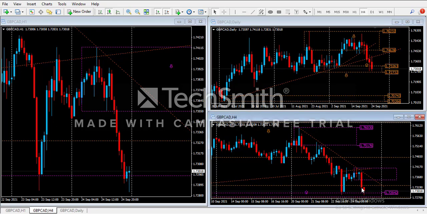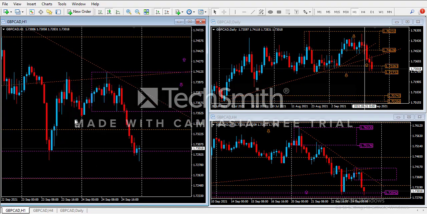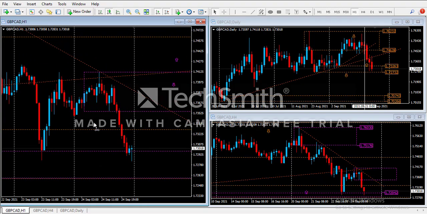On the 4-hour chart, we have nothing because we are waiting to break this area 1.7410 to the upward movement, from where we have to take this buy correction movement to the supply area. On the 1-hour chart, we have nothing because we are waiting to break through this supply area on the 1-hour chart.